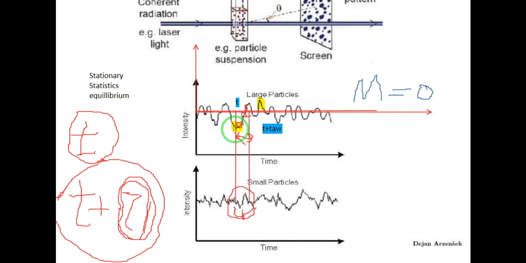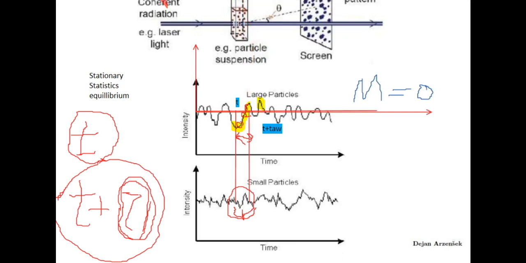It will be impossible because the system loses its memory, because the characteristic time in which we are analyzing the light intensity is longer than the time that the particle needs to fluctuate.